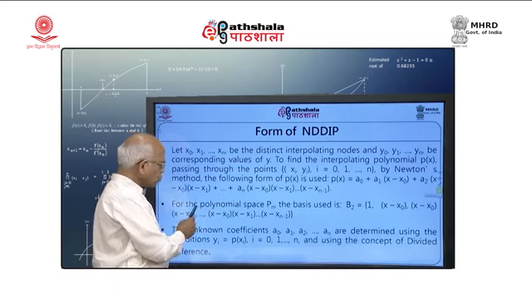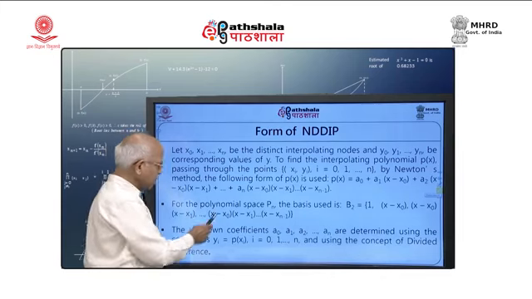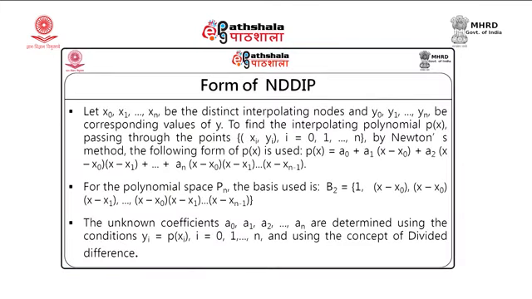For the polynomial space P n, we already discussed it in the last module. So, what basis are we considering? We are considering the basis B 2, which was given earlier, and this basis is nothing but 1 here, x minus x 0 here, and things like that. So, we will get this as the basis here.